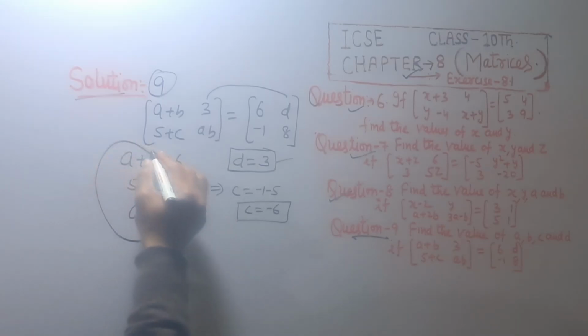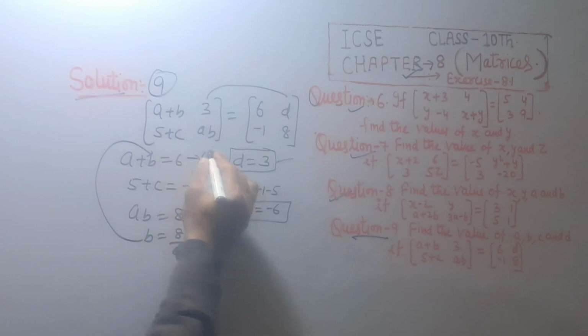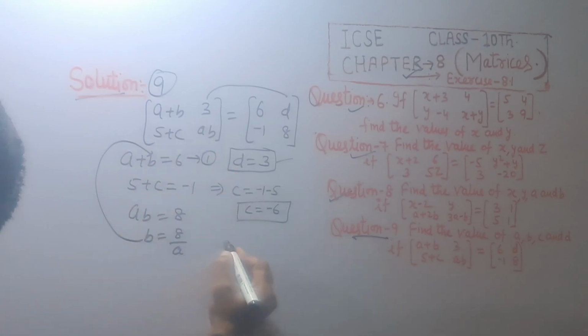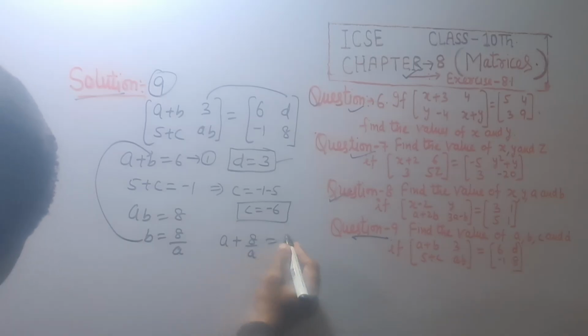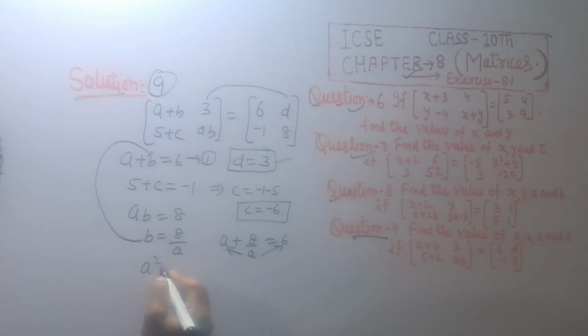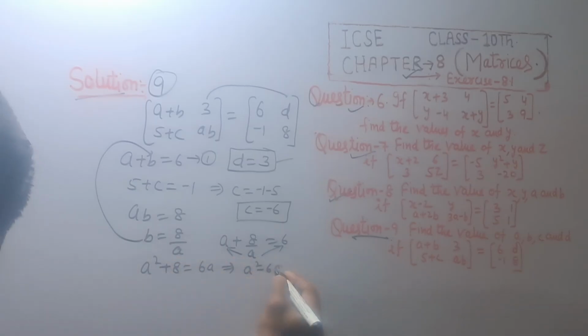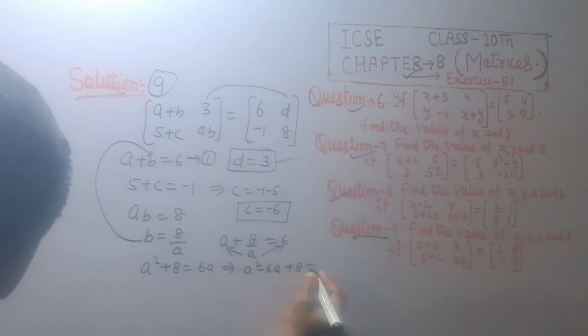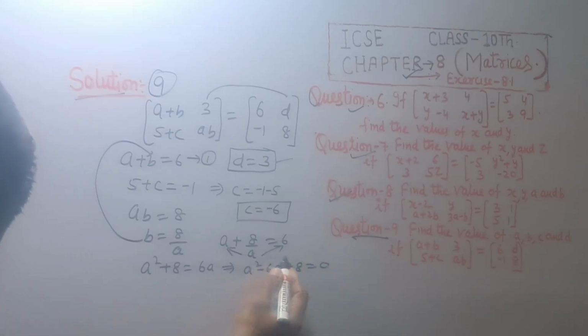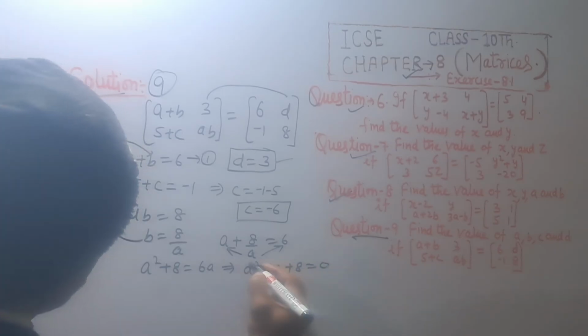We are putting b in equation number first. a plus 8 upon a equal to 6. Cross multiplying, a square plus 8 equal to 6a, which implies 6a shifting left side, a square minus 6a plus 8 equal to 0.